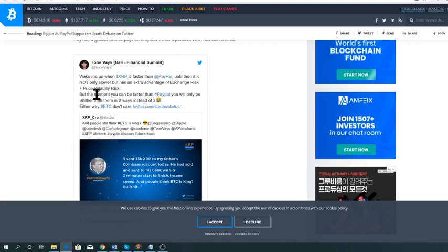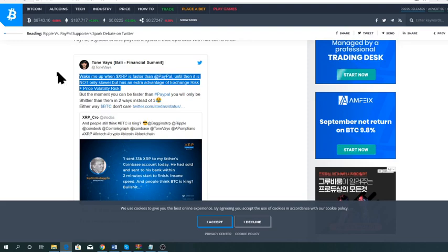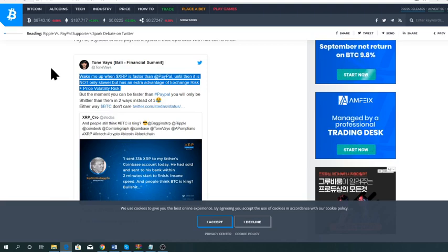Until then, it is not only slower but has an extra advantage of exchange risk plus price volatility risk. I personally don't understand what this guy is thinking. You know, even if you are a 5th standard boy, like I'm an Indian, so if I'm comparing it with the educational standards of my country, if you're from even a better country, I think you'll have even more ability to do the math.